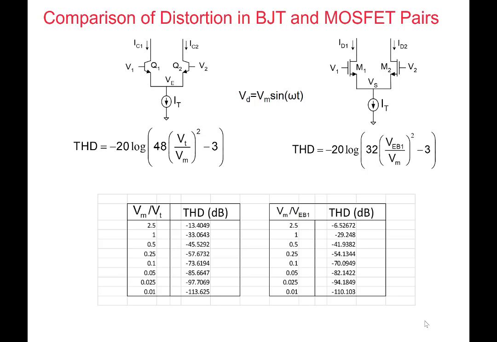So if we ask the question, is this bipolar amplifier linear when used in an op amp? What's the answer? Yes, it's very linear. If you look at the total harmonic distortion that you have, because of the nonlinearities in those bipolar stages, it's going to be quite a bit better than 113 dBs.